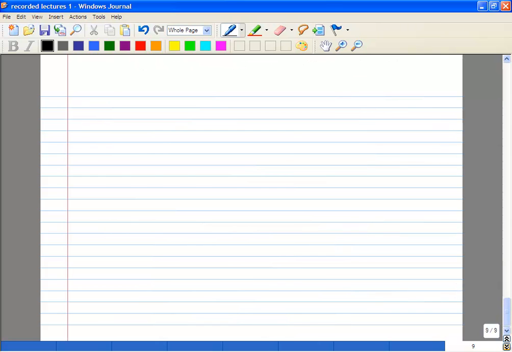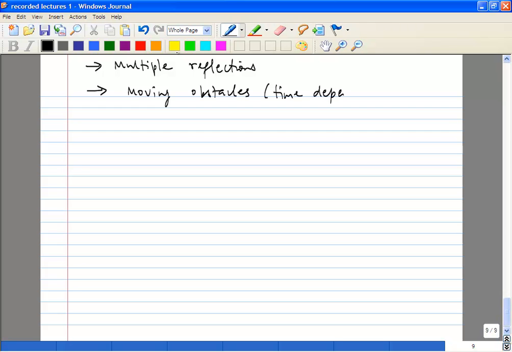Now in real life you can have multiple reflections. You could have moving obstacles, which means time dependent reflections, and which means time dependent power loss.